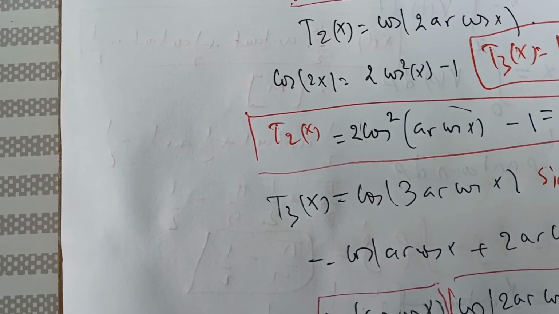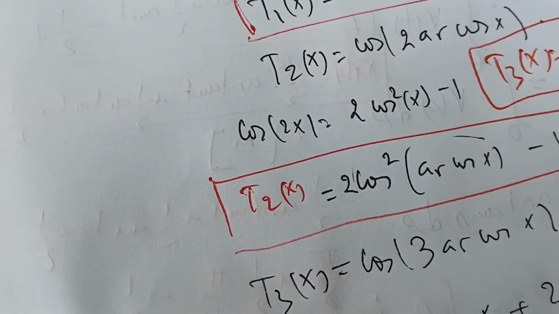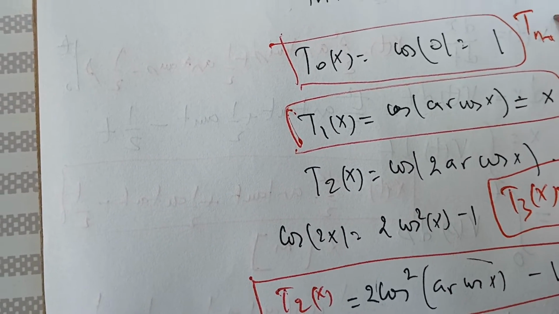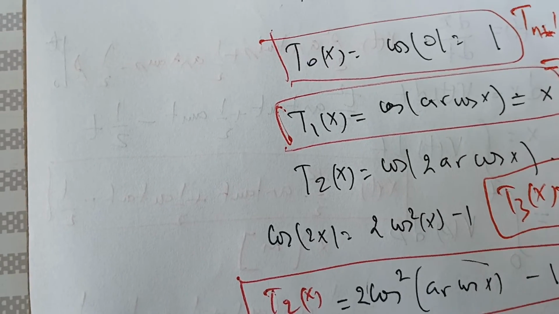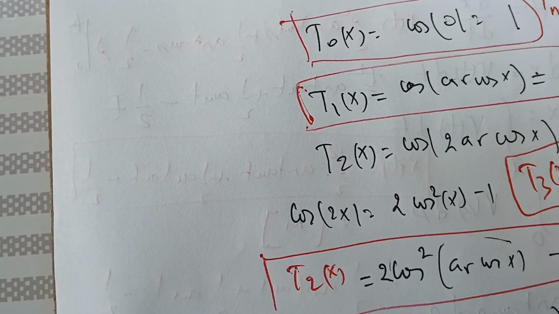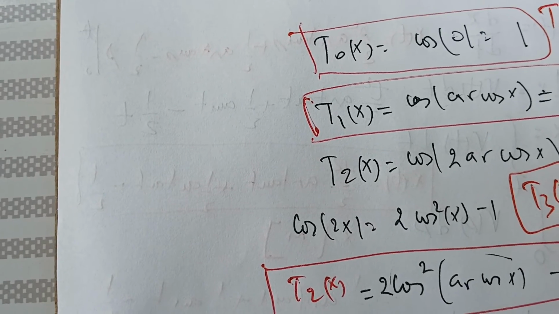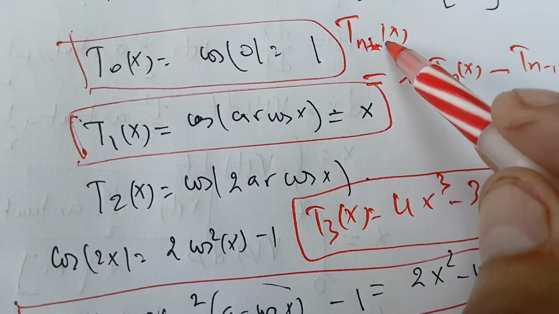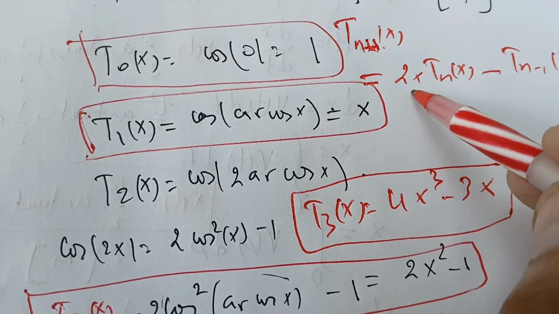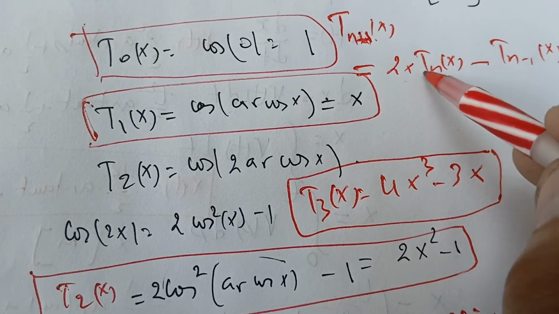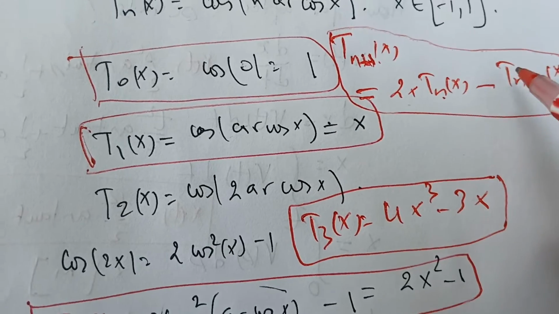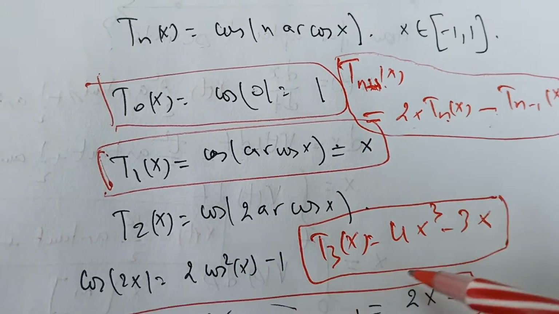But we can prove that in general the polynomial of order n plus 1 is given by 2x Tn of x minus Tn minus 1 of x. So the polynomial of order n plus 1 is related to the polynomials of order n and n minus 1. And this recursive relation lets us find all these values.